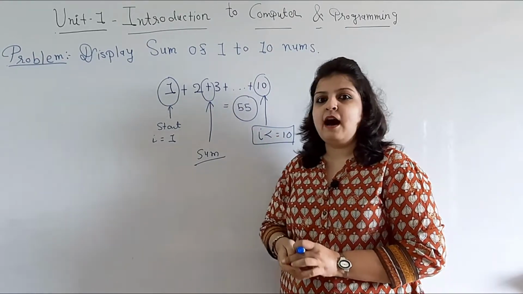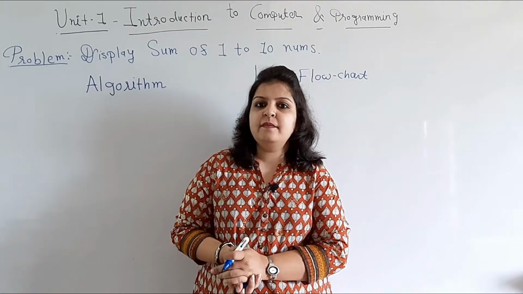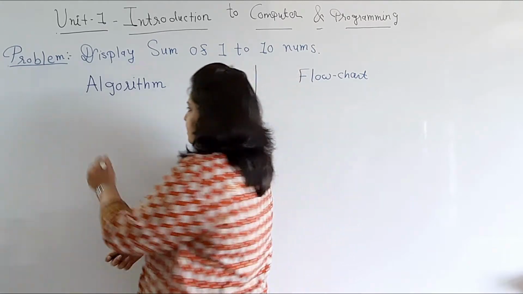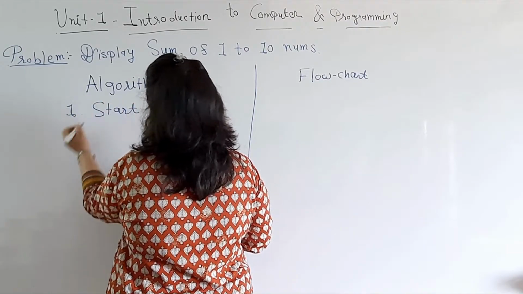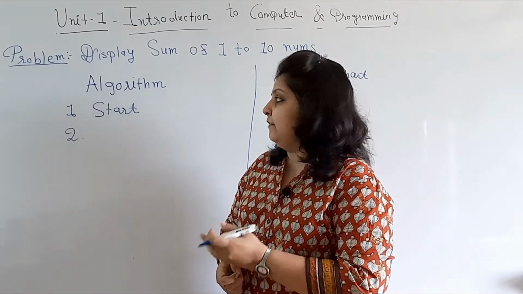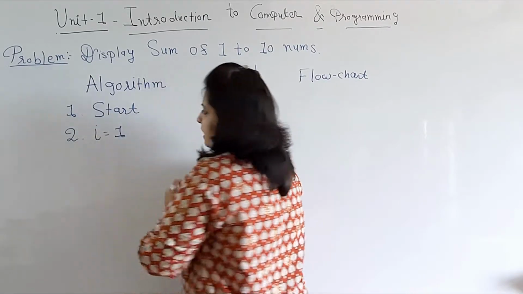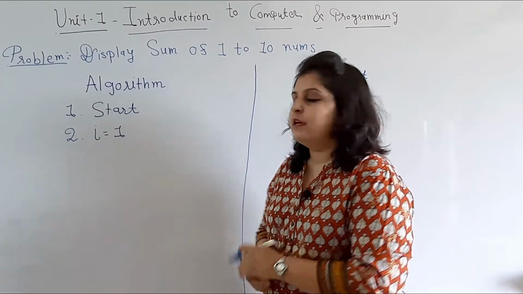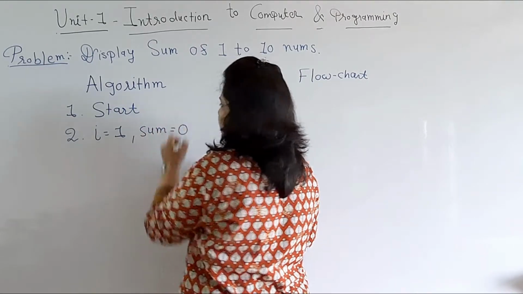So let us start writing the algorithm. In the algorithm our first step is always start, so just write down start. The next step is the starting value, and the starting value of the variable I is 1. Here we also take another variable for sum, and sum is equal to 0.